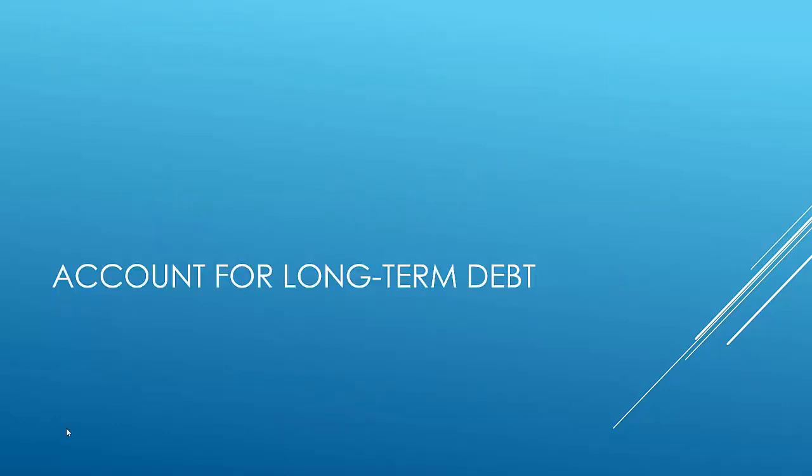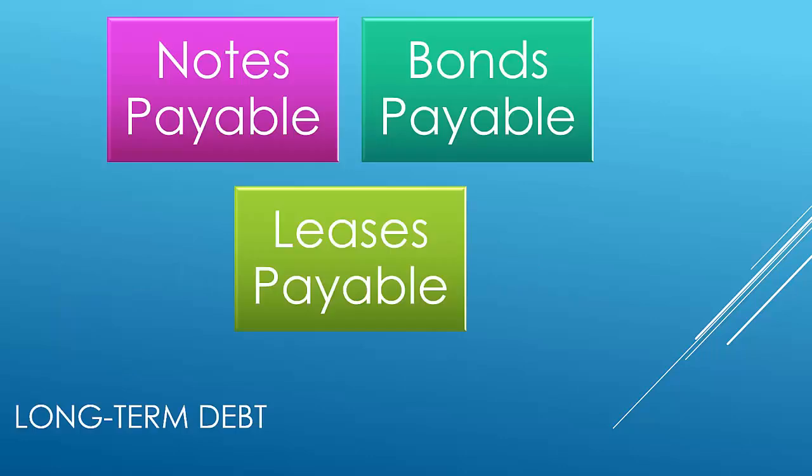And now we're going to account for some long-term debt. We're shifting gears now. There are different kinds of long-term debt: notes payable, bonds payable, and leases. Those are different ways for us to do capital structuring within our company, meaning where does the company finance itself? Where does it get its money from?